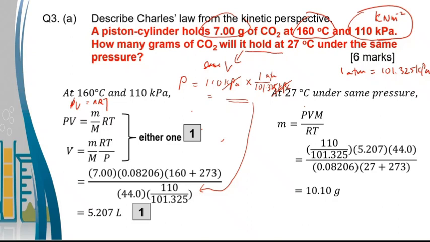So you insert into this formula to calculate, and you get 10.10 grams. In this case, the formula will not be given marks, because it's the same as this. So the final mark goes to the final answer with unit.